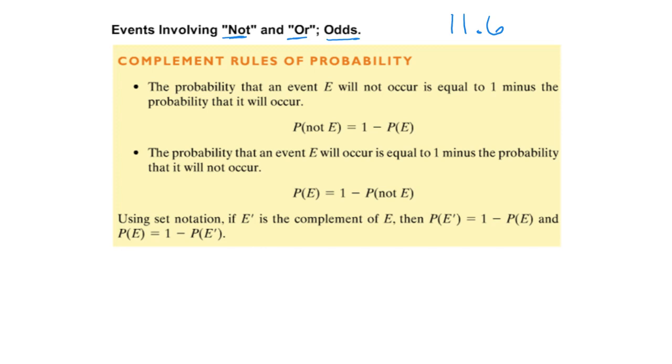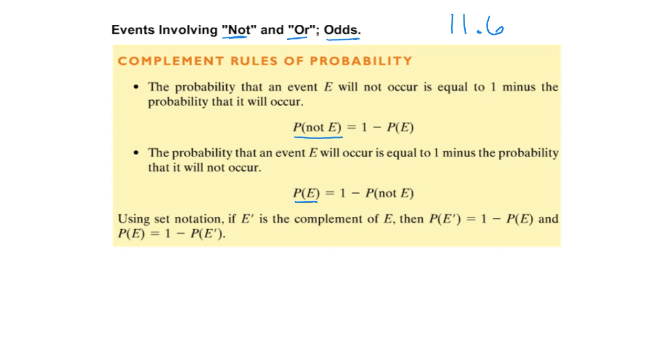Complement rules of probability. It says the probability that an event E will not occur is equal to 1 minus the probability that it will occur. And the same thing for the second option. It's saying that the probability of the event is equal to 1 minus the probability of the event not occurring. So all of these are saying the same thing.